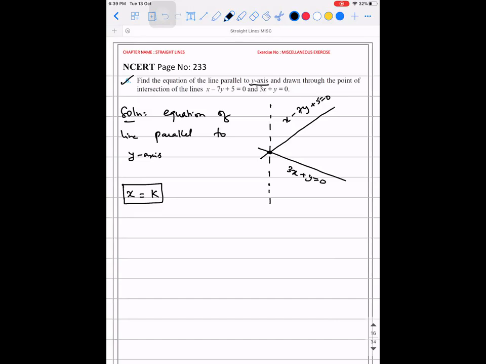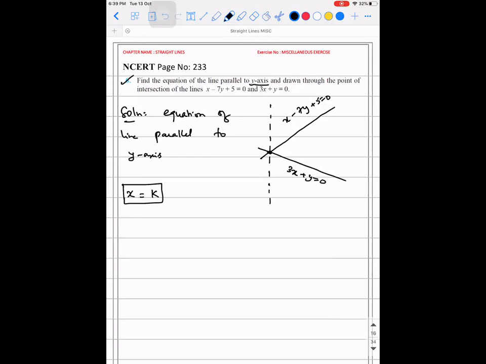So what are the coordinates? I'm getting y is equal to 15 by 22. What about x?